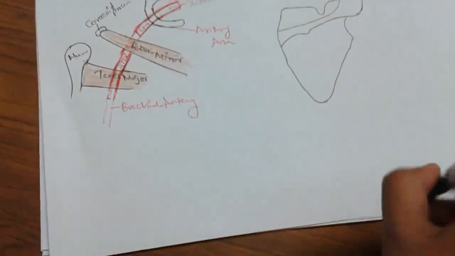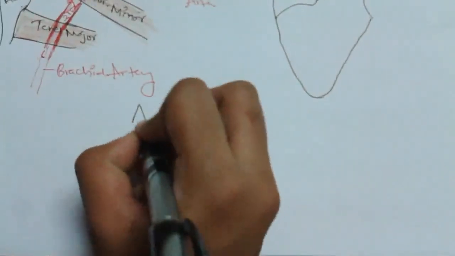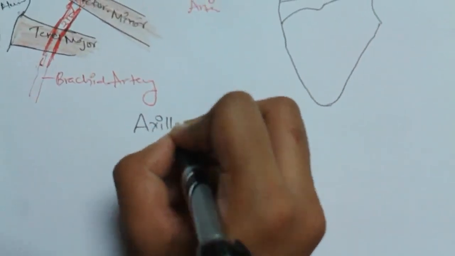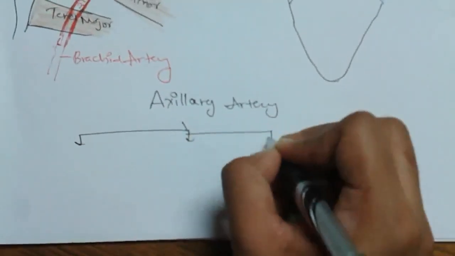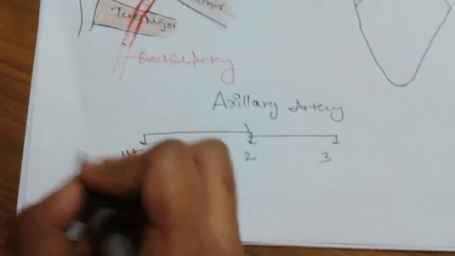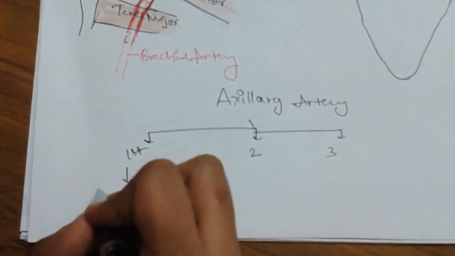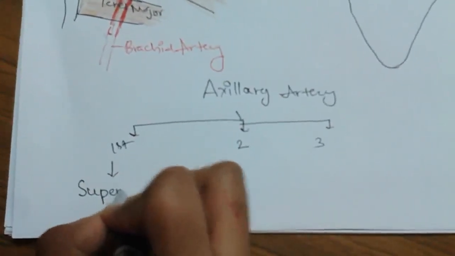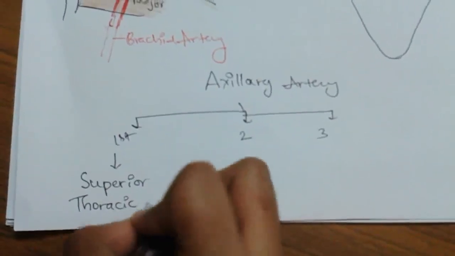So I'm just drawing the branches of the axillary artery clearly, so that it will be useful to you. The axillary artery, as I said, is divided into three parts: first part, second part, and third part. So it's easy to remember. From the first part, only one artery forms, that is the superior thoracic artery.